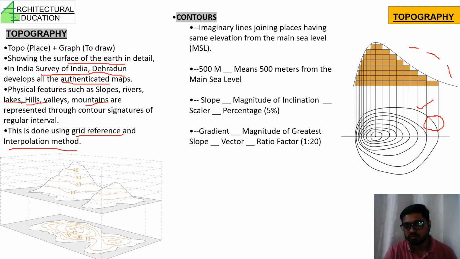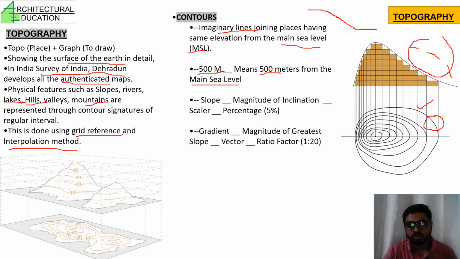Otherwise, this should always be a dashed line, as they are imaginary lines and they are always above the mean sea level. The mean sea level is considered as zero, and currently Hyderabad is located approximately at 500 meters MSL. That means 500 meters above the mean sea level.